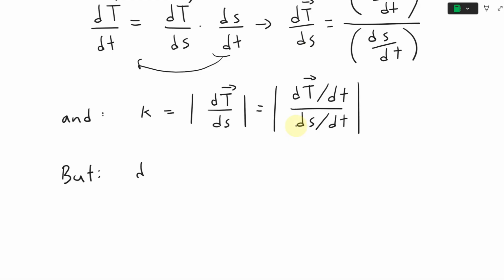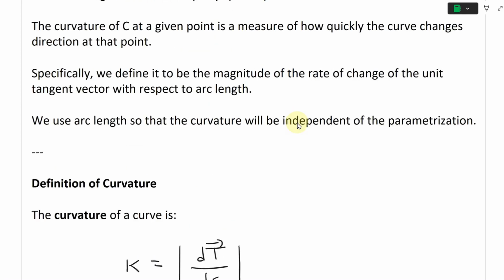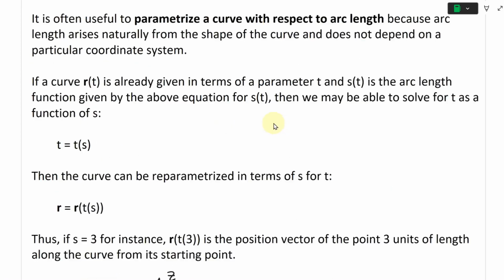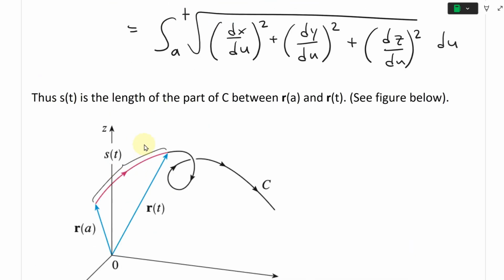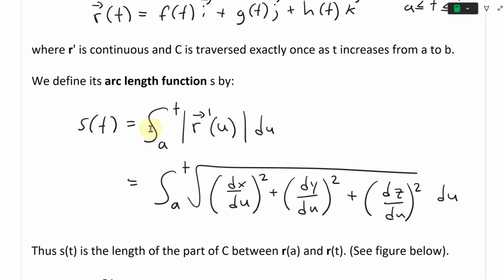Recall earlier, if you scroll all the way back up to when we had the fundamental theorem of calculus, when we took the arc length function and then the derivative of that, ds over dt is just equal to the integrand, the term inside.